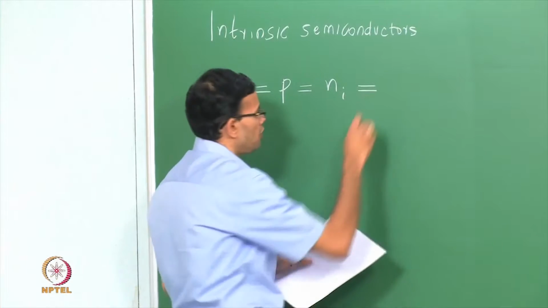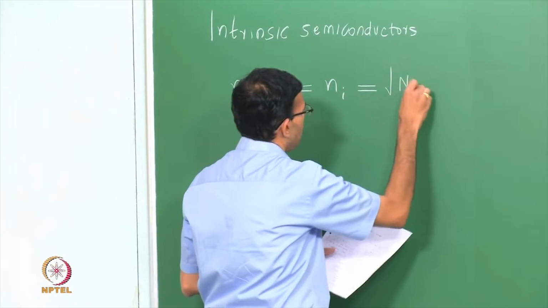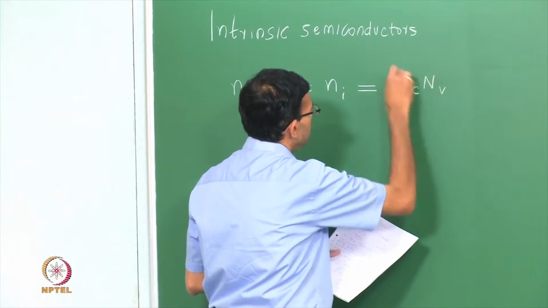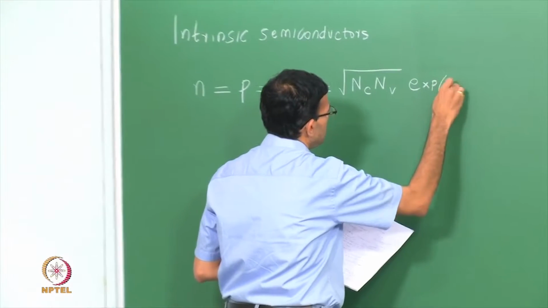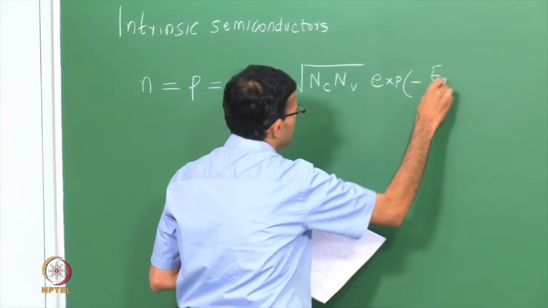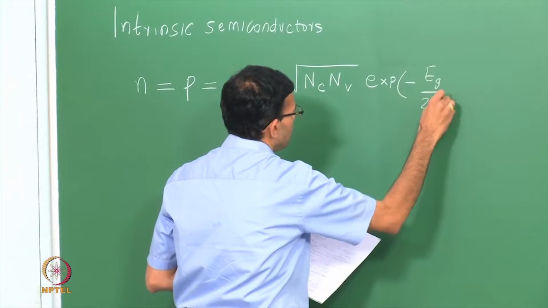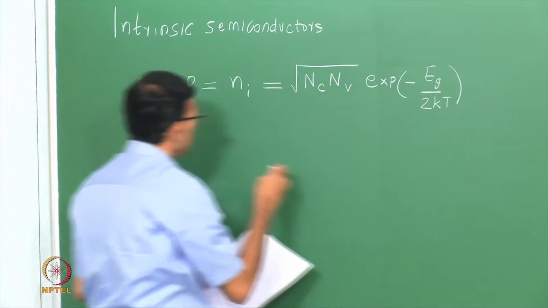The expression for ni is square root of Nc Nv times exponential of minus Eg over 2kT.